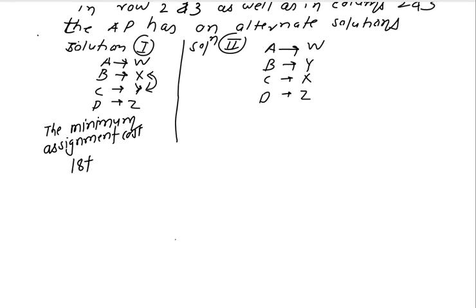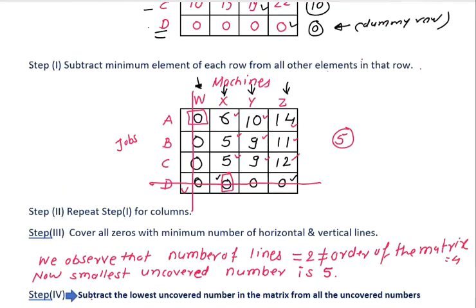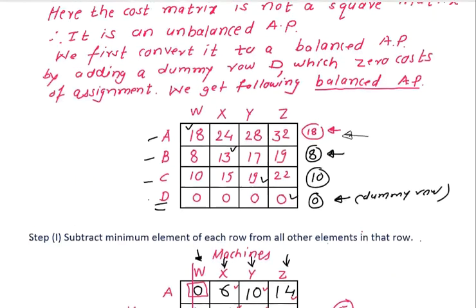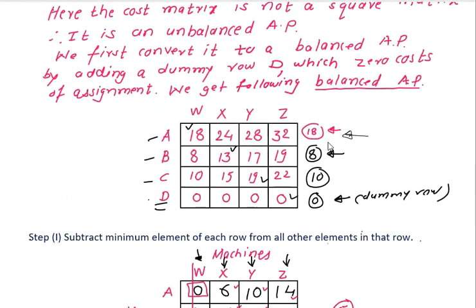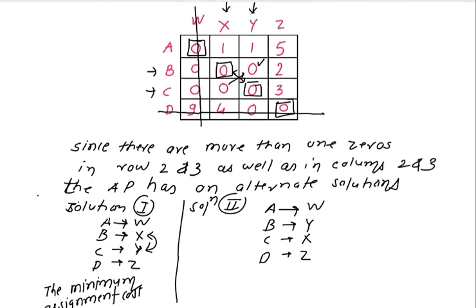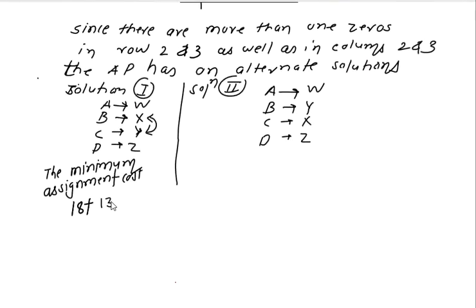This is a dummy assignment. And in the dummy row, we have assigned a 0 cost of performing this dummy job on each machine.